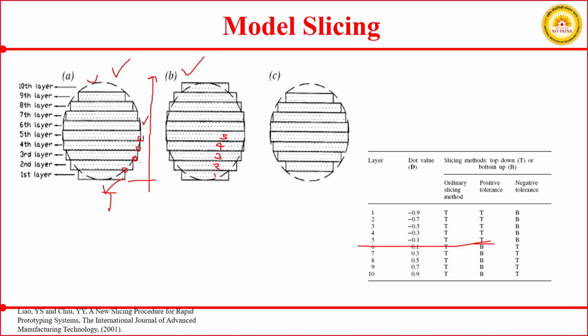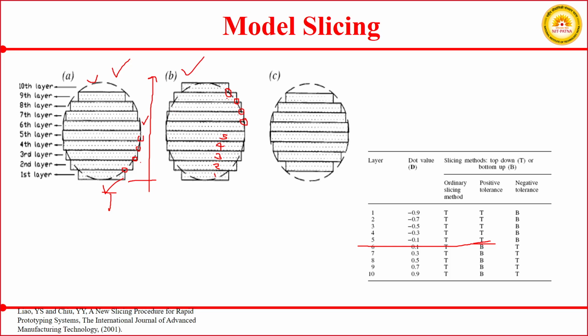So beyond layer 5 we are using the bottom up approach, so we are considering bottom layer vertex, and accordingly we are getting oversized component instead of any undersize in the whole profile of our component, which is supposed to be printed using your 3D printer. Okay, yes.